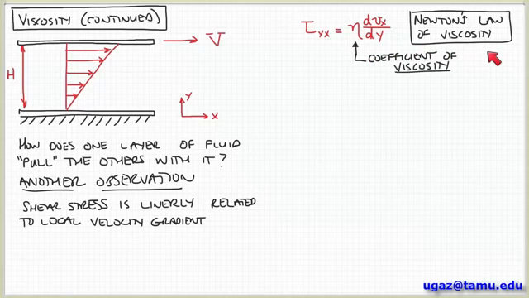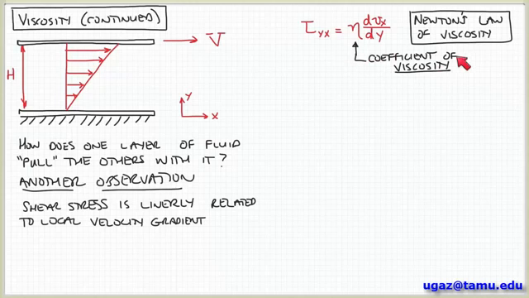It's one of those relationships, kind of like Hooke's law for a spring, F equals kx. The force is related to the deformation. Here, for a fluid, we're saying that the shear stress is related to velocity gradients, and that proportionality constant is the coefficient of viscosity.